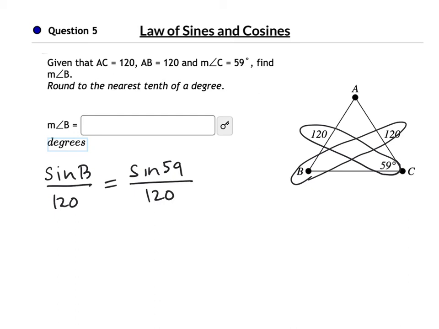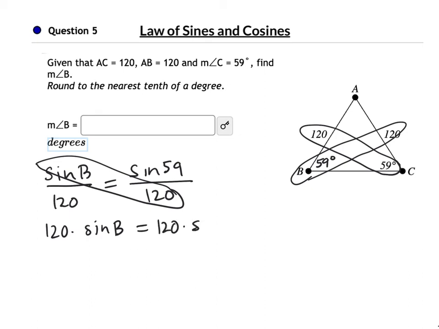Oh, that's interesting. This is an isosceles triangle. Which means this angle ought to be 59 degrees. Well, let's check. We'll cross multiply. 120 times the sine of B equals 120 times the sine of 59.